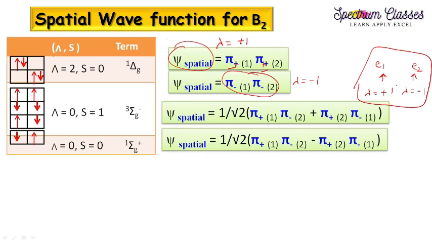When this exchange is possible, we write normalized wave functions like this, which give the ideal situation in which both electrons have equal probability of being found in the plus orbital and the minus orbital. Here 1 by under root 2 is the normalization constant. So in this manner we have four spatial wave functions for the two electrons.